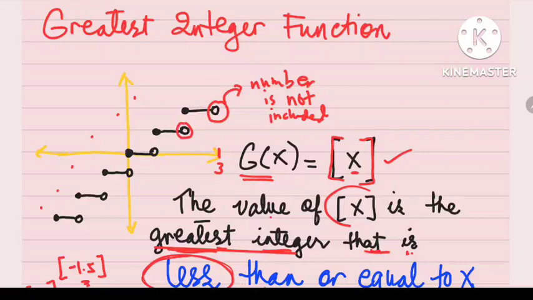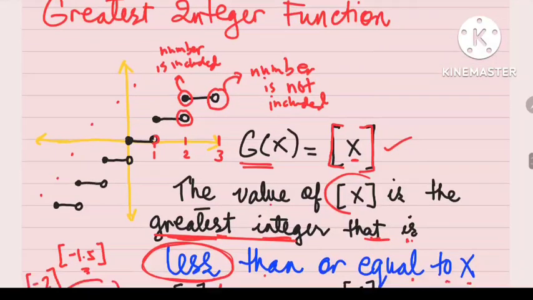Like here, say 2 is not included here. It's not part of this graph. 1, not also here. But the shaded circle means the number is included. So 2 is here, 1 here, 0 here. Alright?